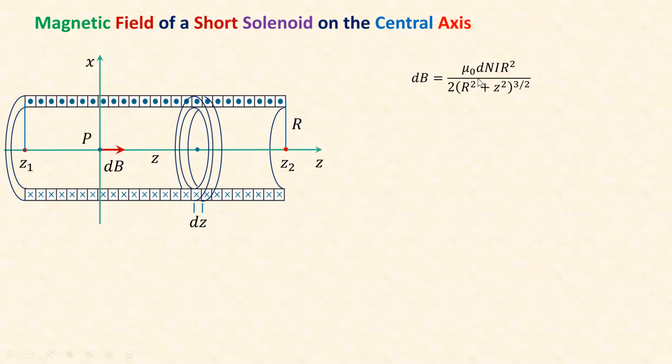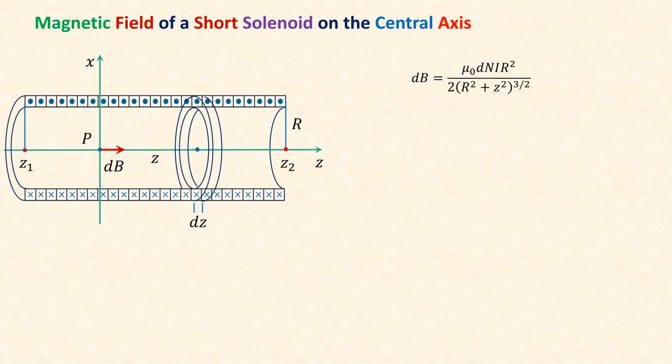Remember, for a loop it is mu naught, the amount of current, this is called dN. Instead of N, we call it dN, with a certain number of current loops in that dz. So dB is mu naught dN I r squared divided by 2 times (r squared plus z squared) to the power 3/2. This is the formula that we had. Instead of N, we put dN, which means that it is a small number of current loops in that dz.